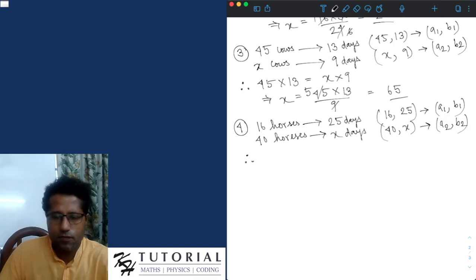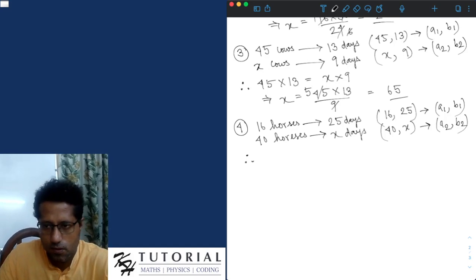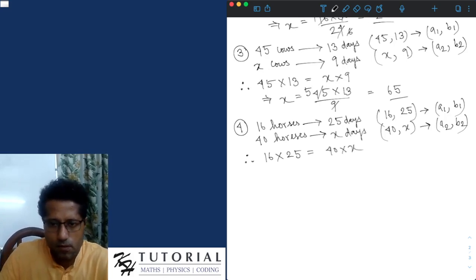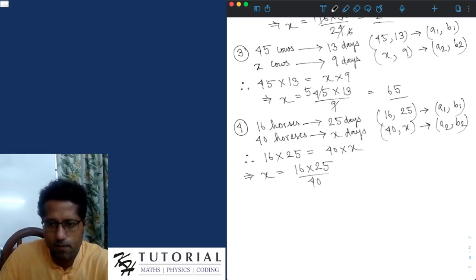Okay, so now we know that A1 B1 will be equal to A2 B2. So 16 into 25 should be equal to 40 into x. This implies x equals 16 into 25 by 40.